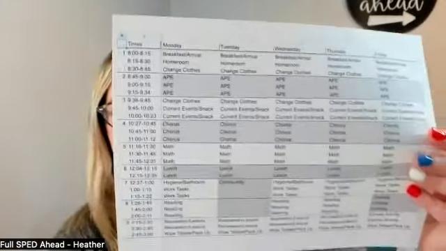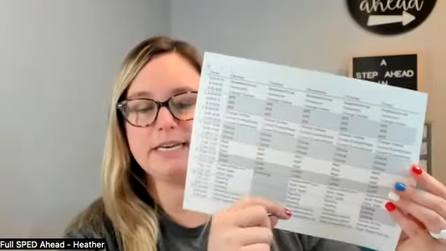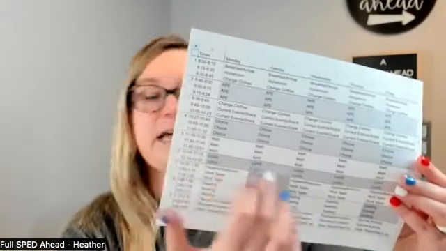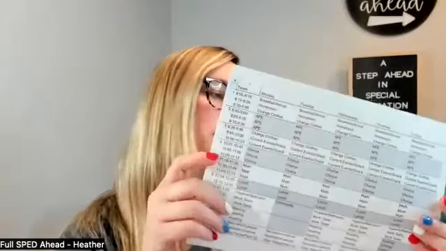Another schedule that I've used in the past, this was a great year when everything just happened to be scheduled pretty well. Again, it's got the time blocks on the side, and my class periods were 45 minutes each. Anything that was in gray was something that I couldn't move. So that was a permanent thing in our schedule.